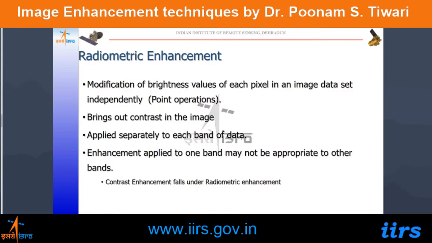If the difference between the pixel value of the object and the surrounding is more, then the object is more discriminable from its surroundings, and if the pixel values are similar, then the contrast is less and the object is not identifiable from its surroundings.